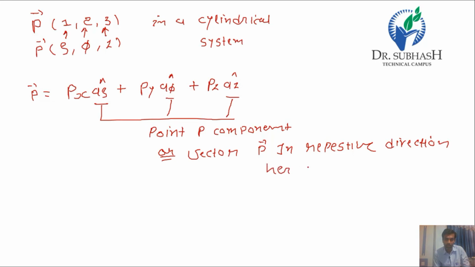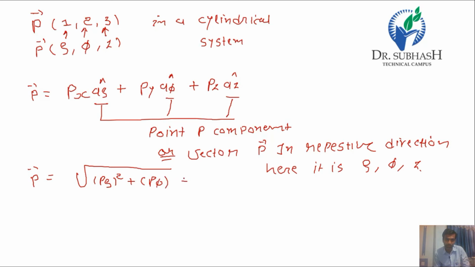Here it is rho, phi and z. The magnitude of P can be written as the square root of the algebraic sum of the squares of the components.